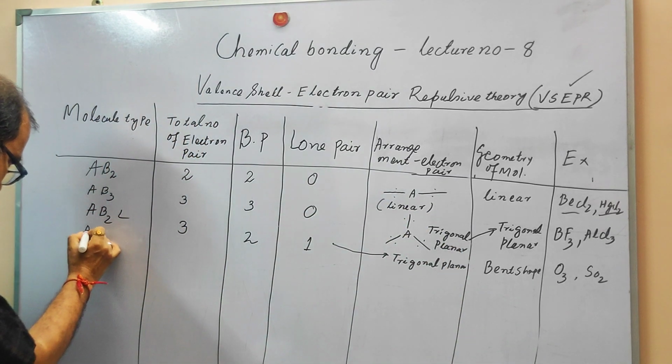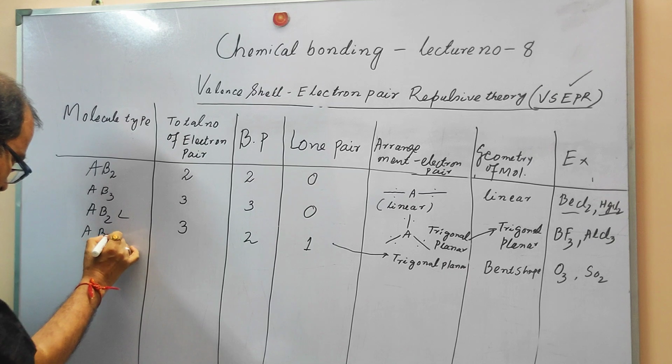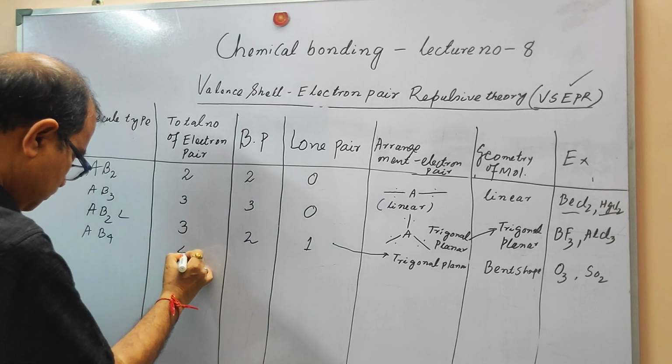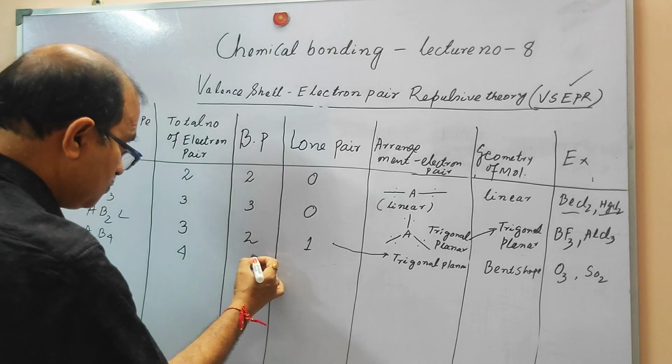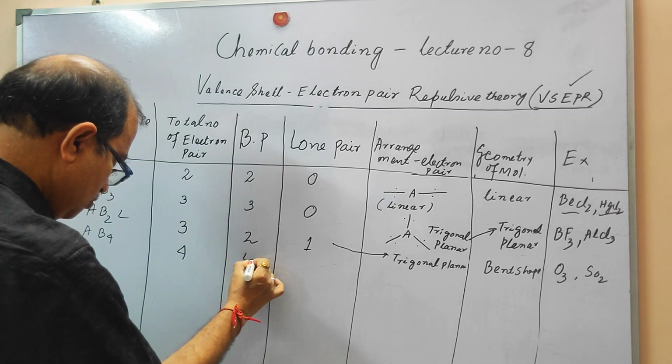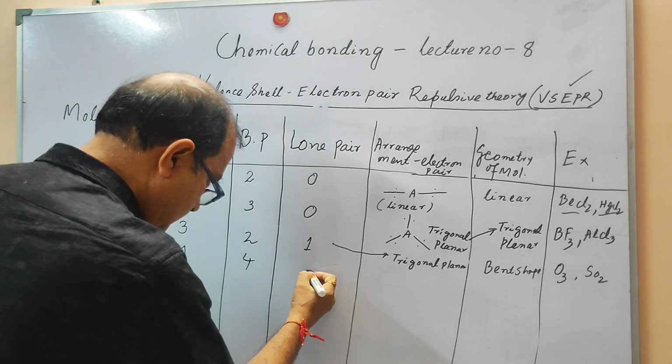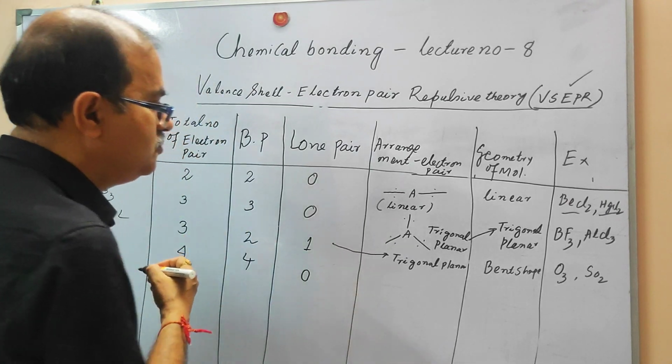Now we are taking another example, the AB4 type of molecule. Here the number of electron pairs is 4. Suppose all these electron pairs are utilized as bond pairs, 4, and the lone pair is 0.